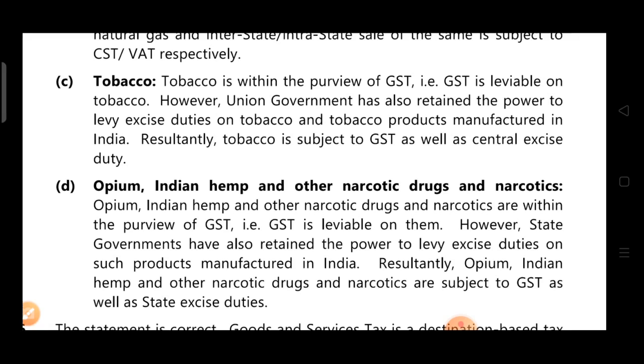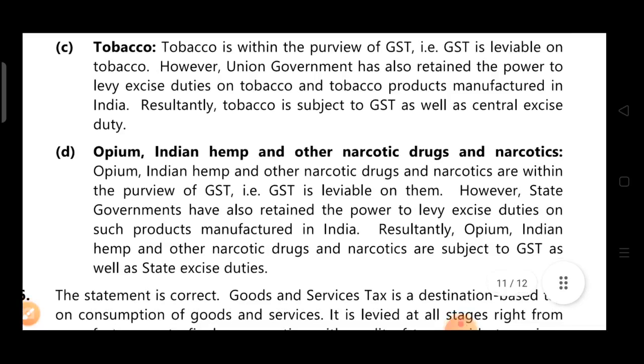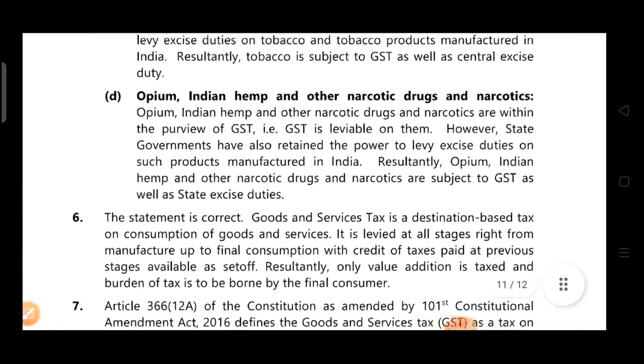Resultantly, opium, Indian hemp and other narcotic drugs and narcotics are subjected to GST as well as state excise duties. Both GST and state excise duty are charged, and in case of tobacco, GST as well as central excise duty is charged. So this completes our question number 5.